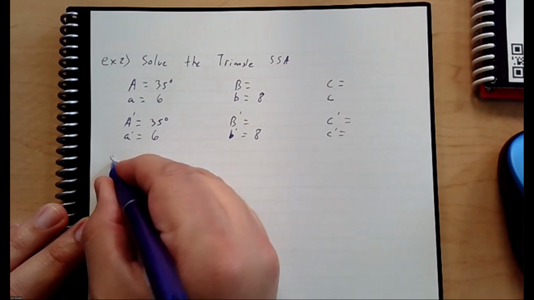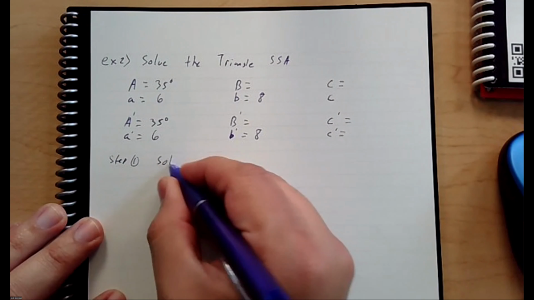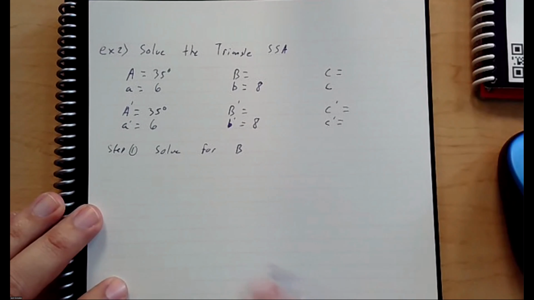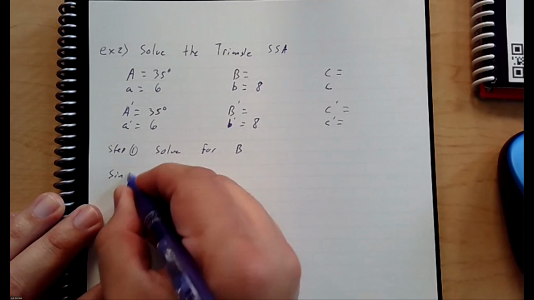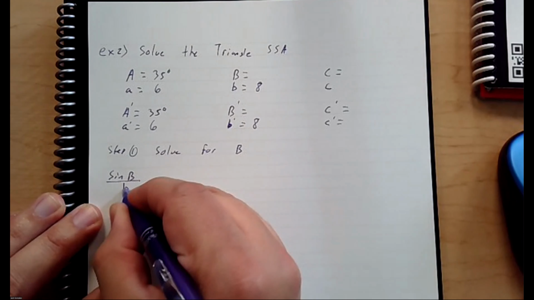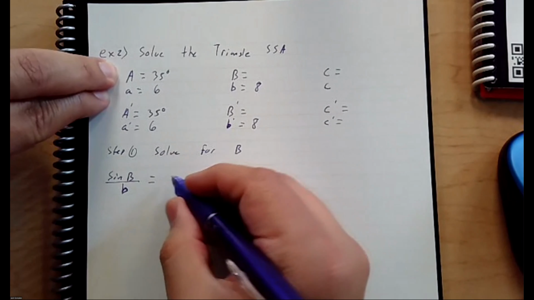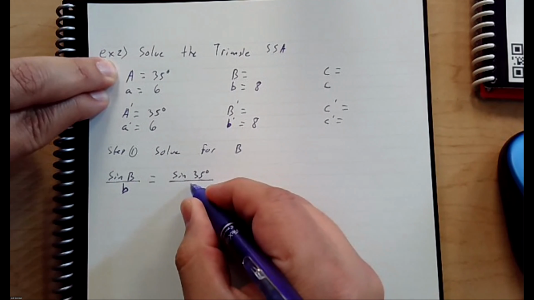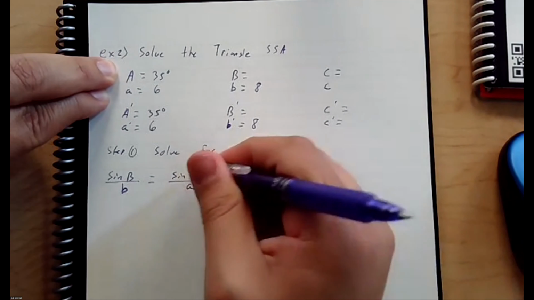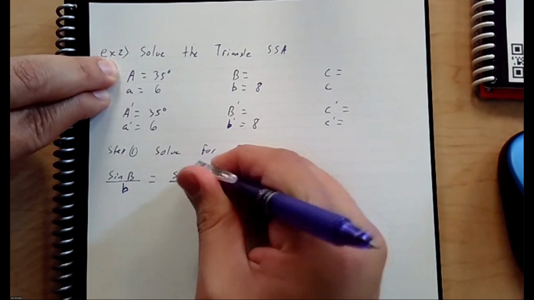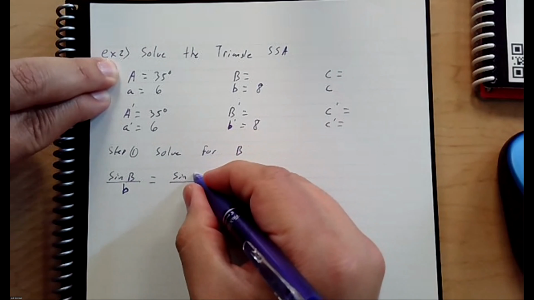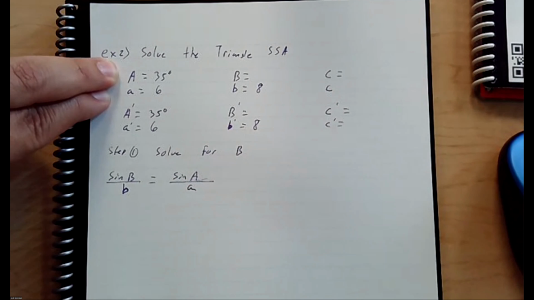So let's solve for B. Okay. So set it up. Sine B over b equal to the one that's complete, the A. Okay.